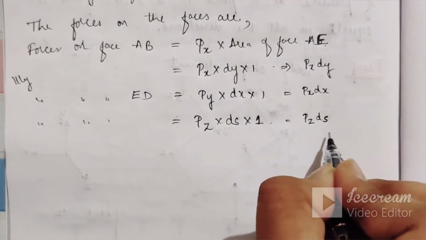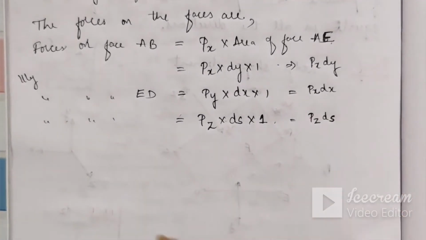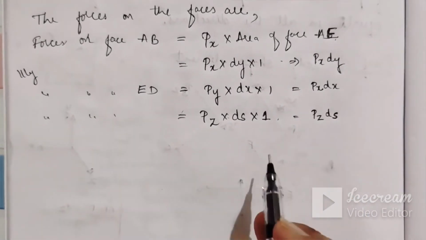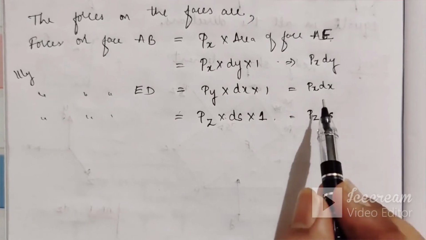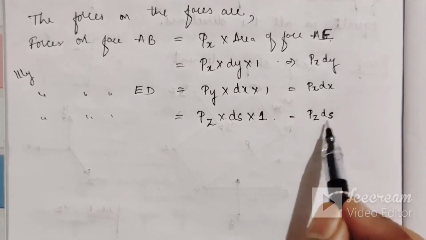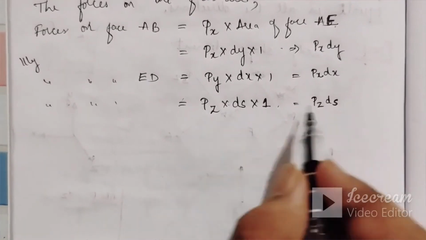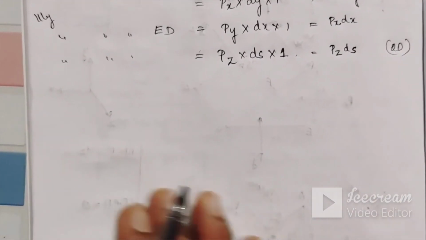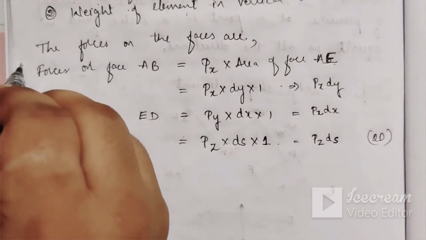Here dz will not come, because it comes into the picture only when we take a 3D element. If we take the moment on that term, then dz will come. Don't confuse here, because I am considering the 2D element. These are the forces on the faces.